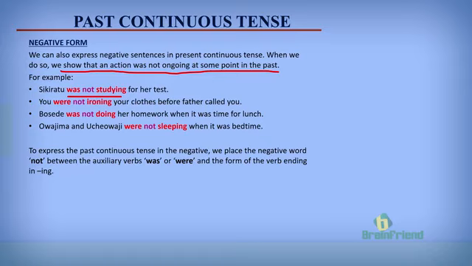Sikiratu was not studying for her test. So we find here we still have the auxiliary verb was. We also still have the present participle form of a verb study, which is studying. And these two factors are key when we are talking about past continuous tense.